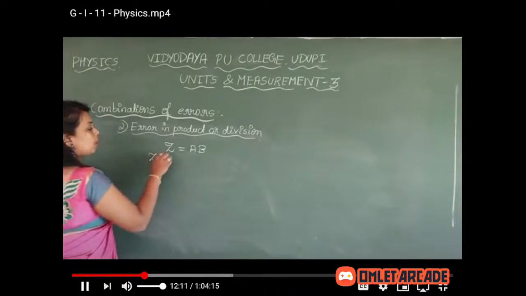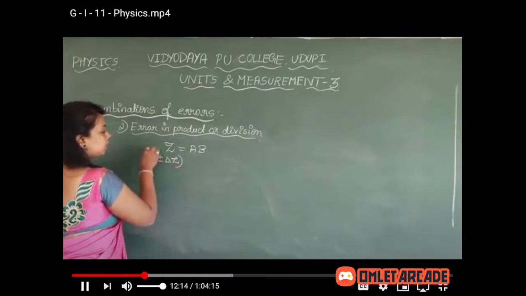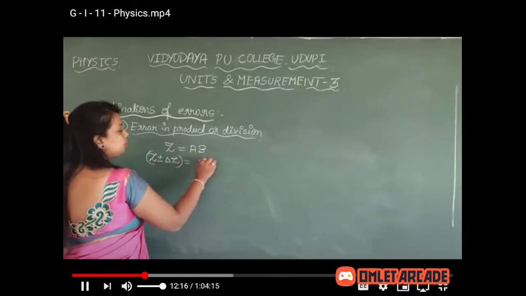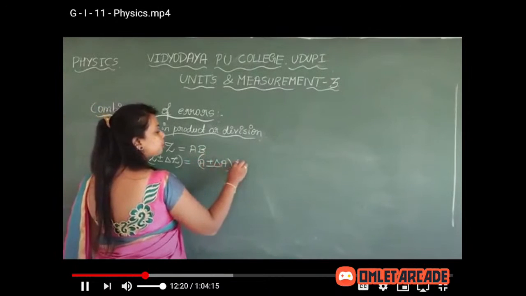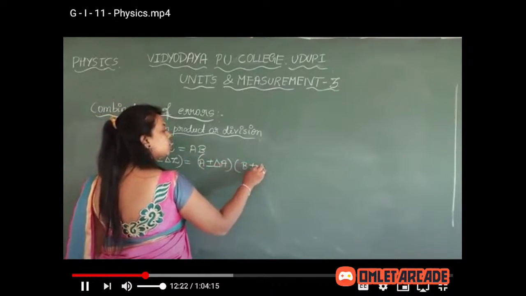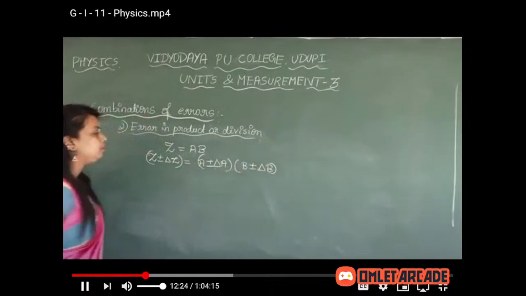Z plus or minus delta Z is equal to (A plus or minus delta A) into (B plus or minus delta B). Correct?